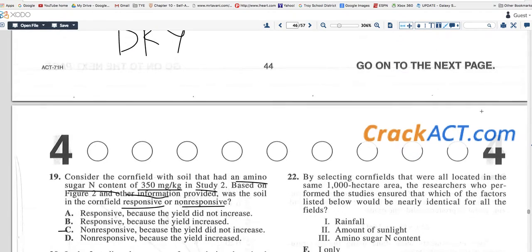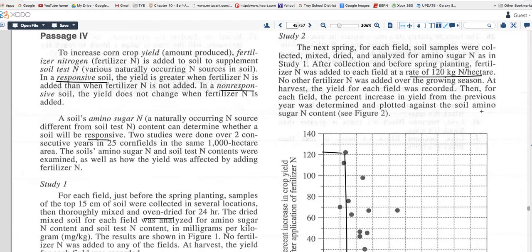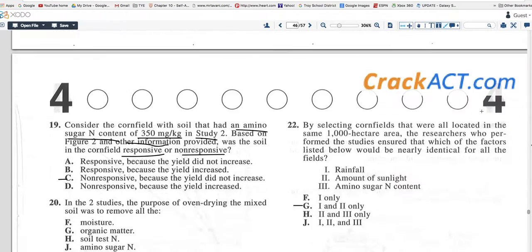Okay, Mamnita. It says N per hectare, so if there's 2.5, then 120 kg N per hectare, you would multiply 120 by 2.5 and get 300.